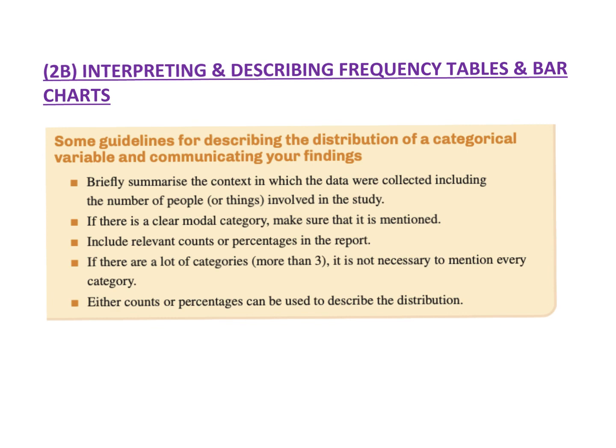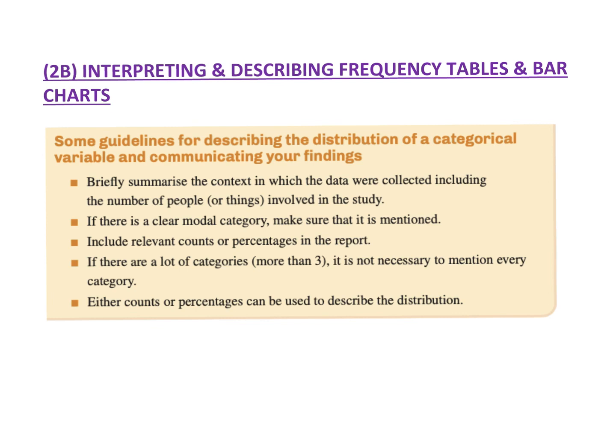So what we want to do is briefly summarise the context in which the data were collected, including the number of people. So we might say we surveyed the class of 28 and asked them what type of pet they had, okay? That would be the start of the report, yeah?